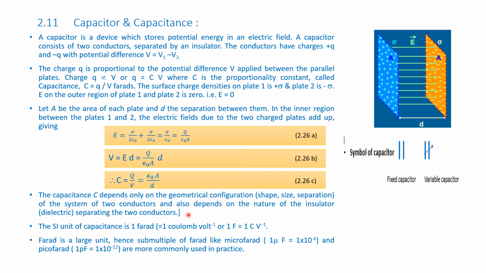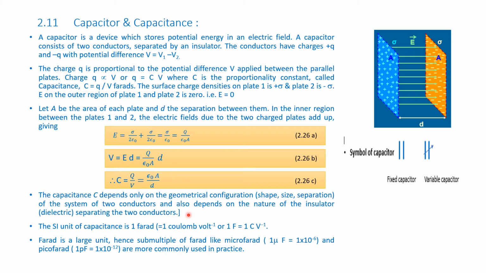Hence, multiples of the farad like the microfarad, 1 microfarad, written as 1 μF, equal to 1 into 10 to the power of minus 6, and the picofarad, 1 pF equal to 1 into 10 to the power of minus 12, are more commonly used in practice.